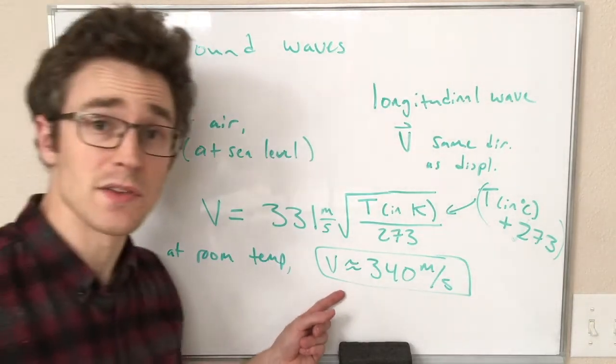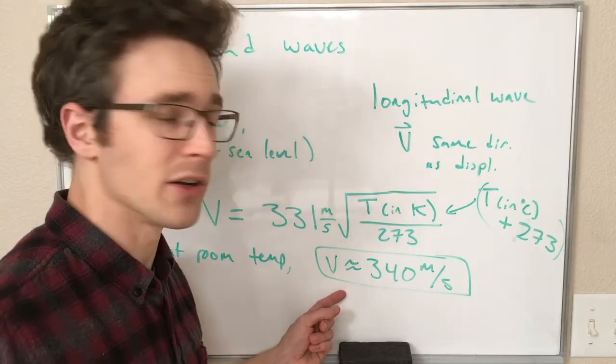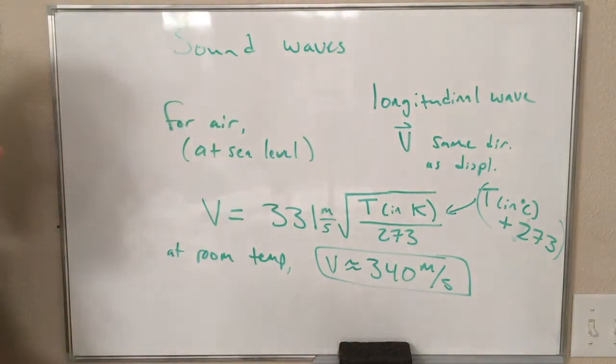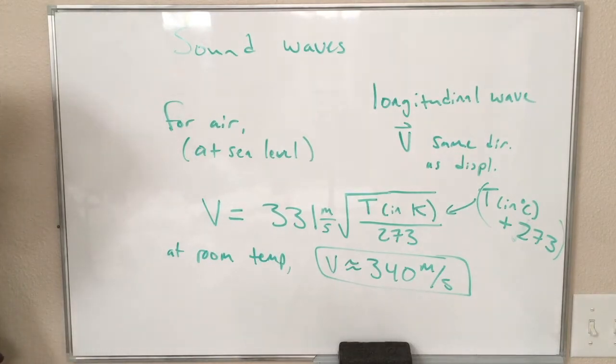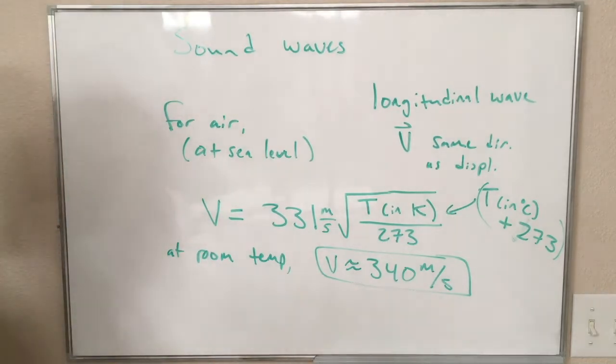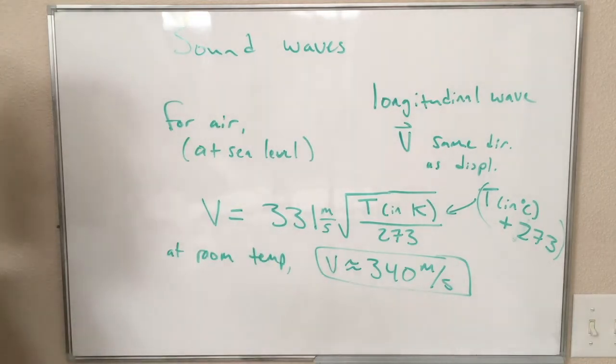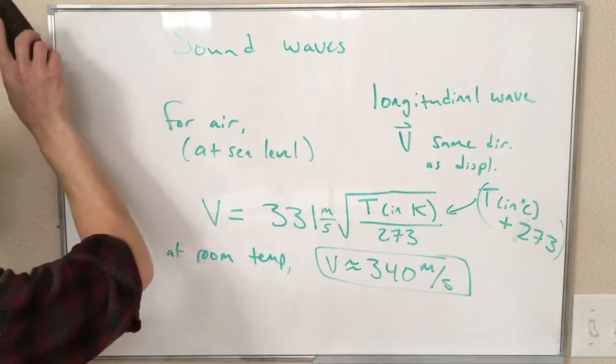So this is fast, right? This is 700 and something miles per hour. Sound waves travel very fast. All right. We'll have lots more to say about sound waves later on, but this is where we start if we're trying to figure out the velocity.